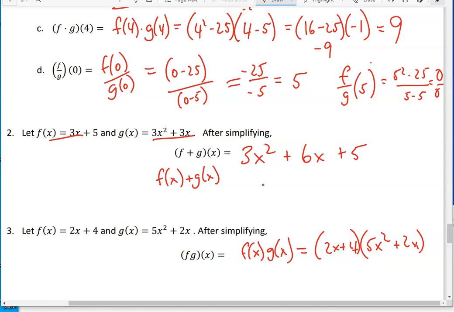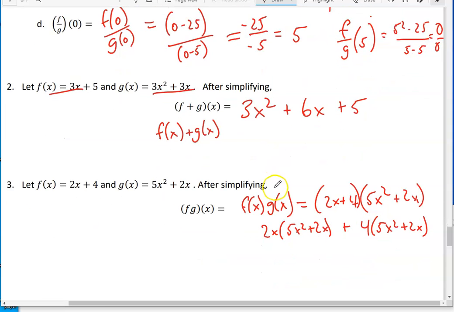And remember, when I'm multiplying, you can do the FOIL method: first, outer, inner, last. Well, let's just do it that way. 2x times all of that. So I get 2x times 5x squared plus 2x, plus 4 times 5x squared plus 2x.